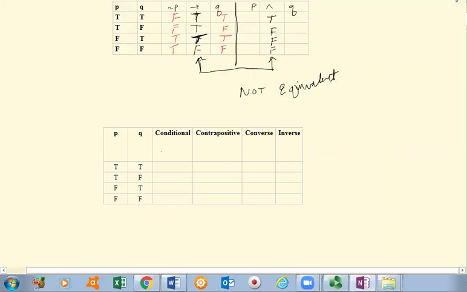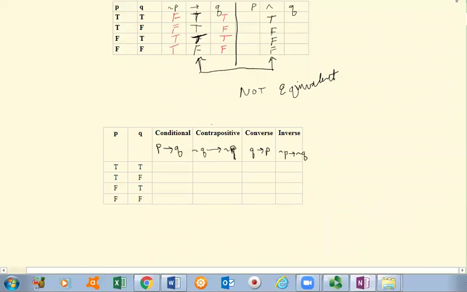The original conditional is, let's say we start with if P then Q. And then we want the contrapositive, which is if not Q, then not P. The converse is if Q then P. And the inverse is if not P, then not Q.